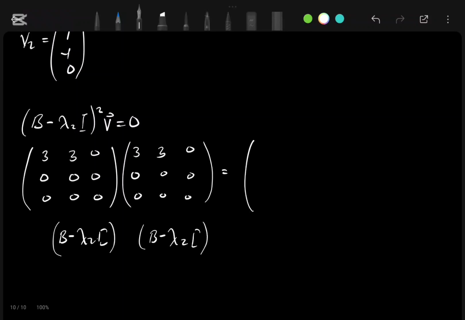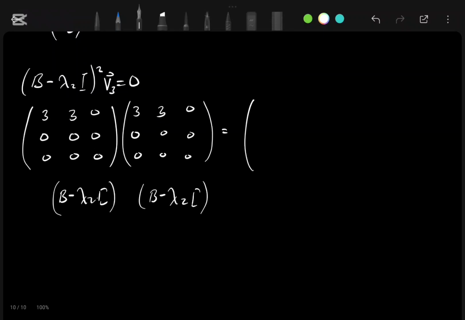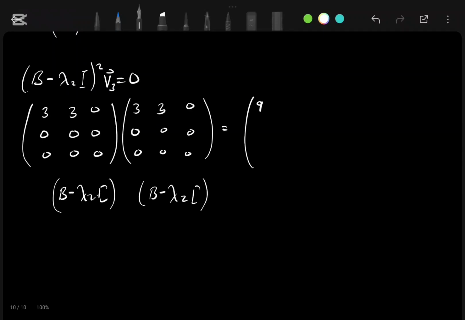We will first find the square of the matrix, and then we will substitute and find the vector v3.